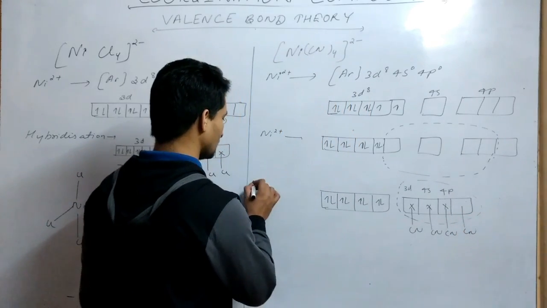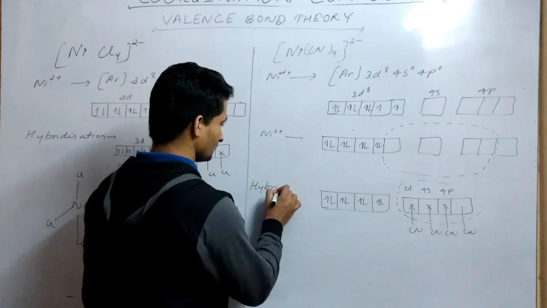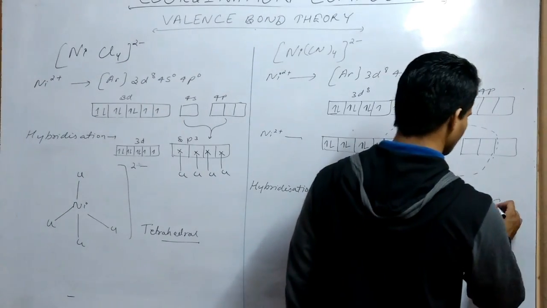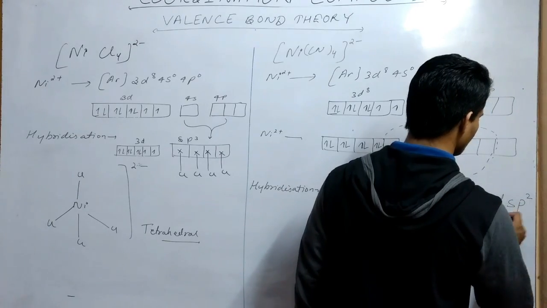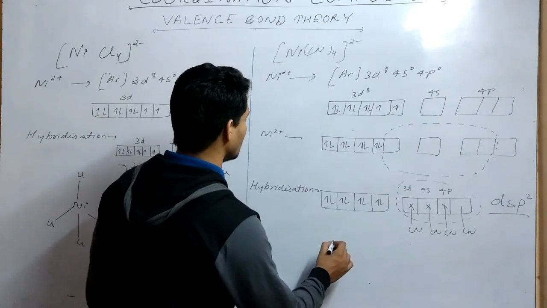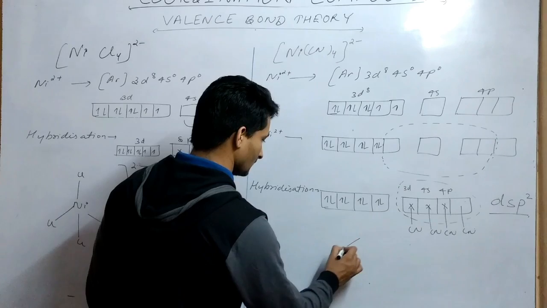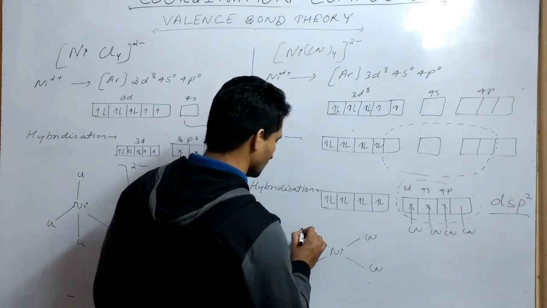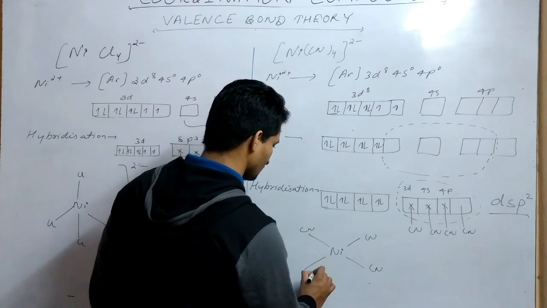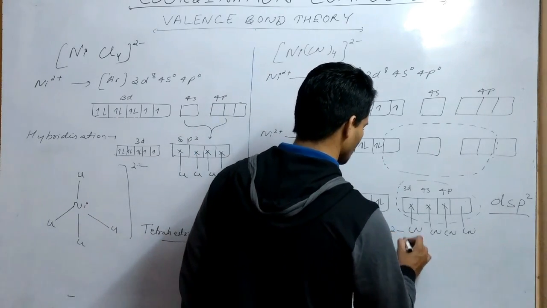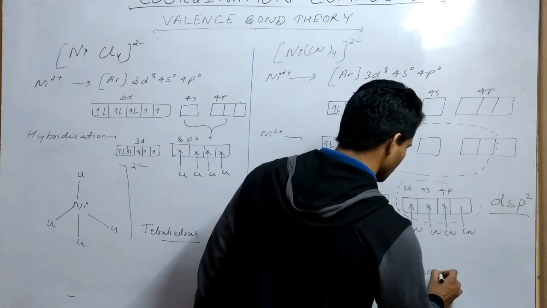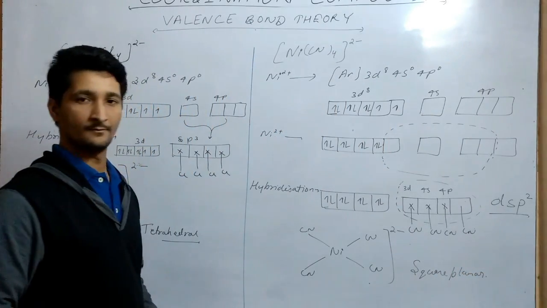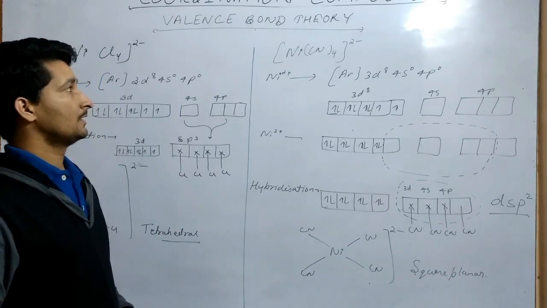So hybridization is dsp2, fine, and its shape is Ni(CN)4 2-, and this shape is called square planar. Okay, so you have to note it down.